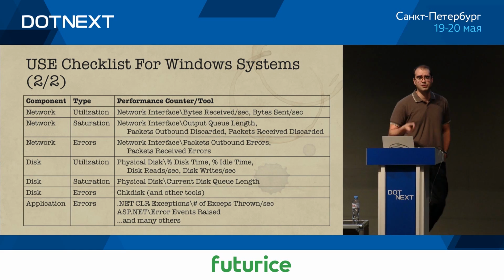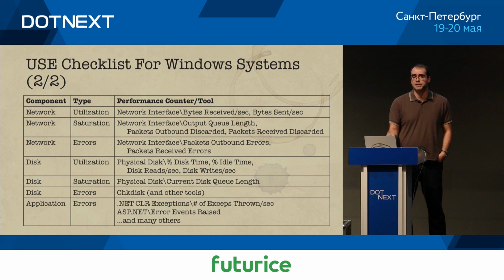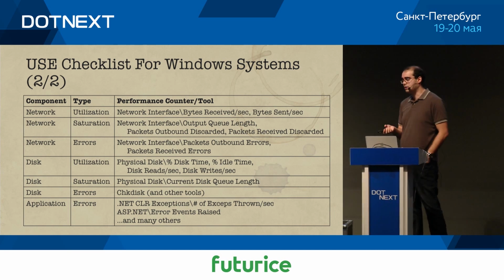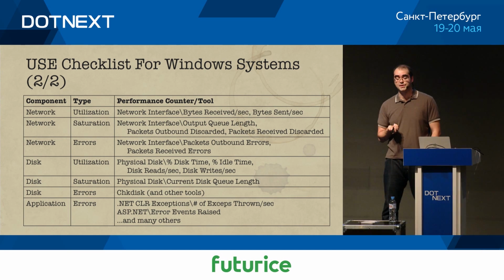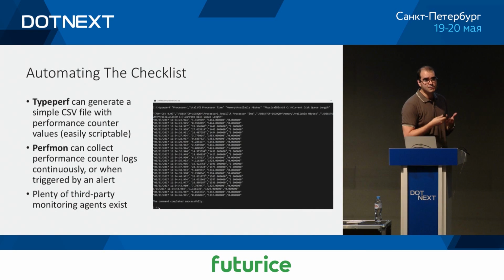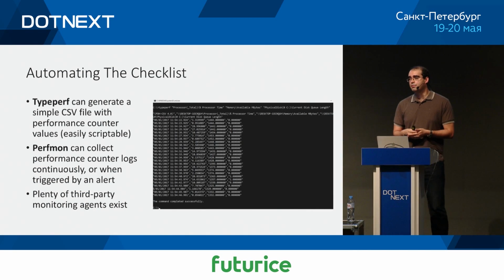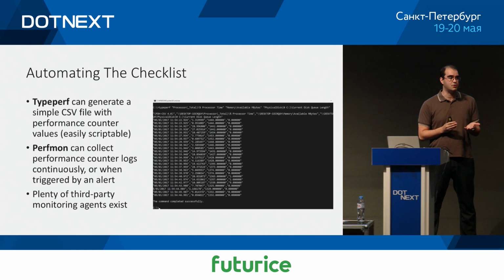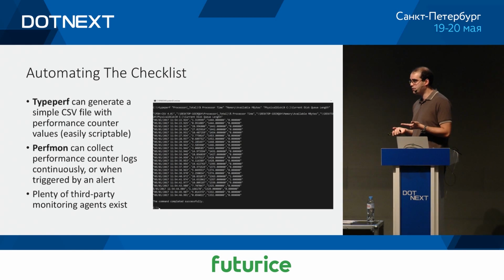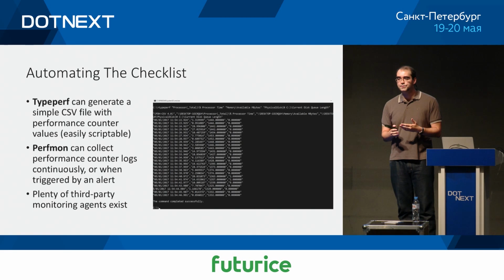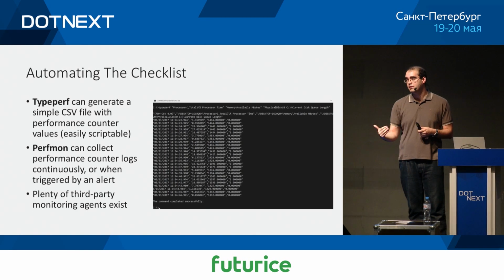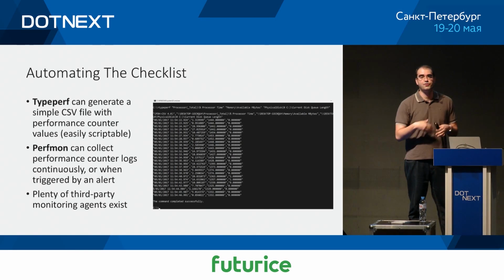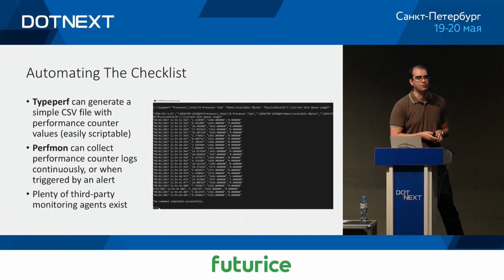Of course, you still have to investigate the specific issue, but it's still going to be easy once you know what the component is. To automate this process, you can use Performance Monitor on Windows, for example. You could use TypePerf, which is a command line tool that prints out a CSV every second of any performance counters you provide.